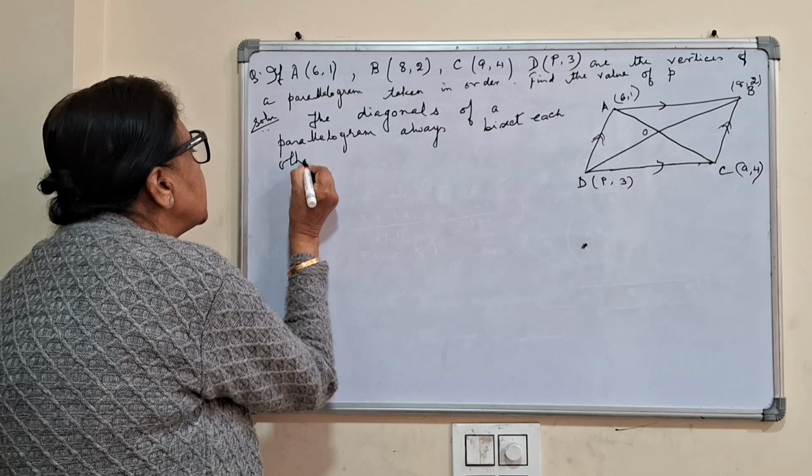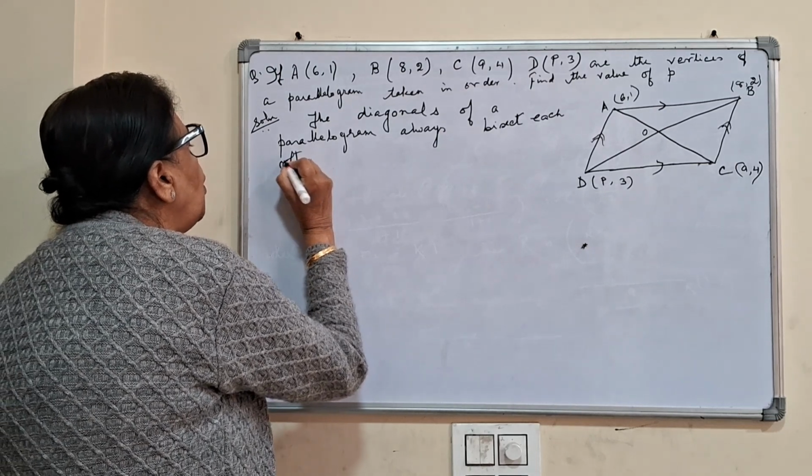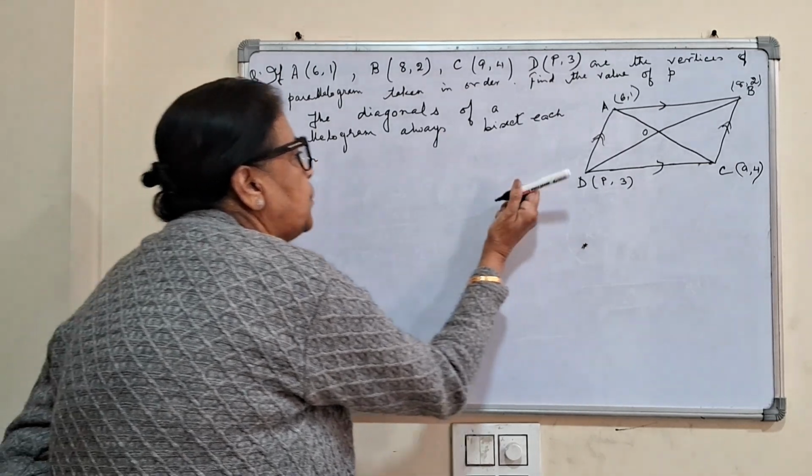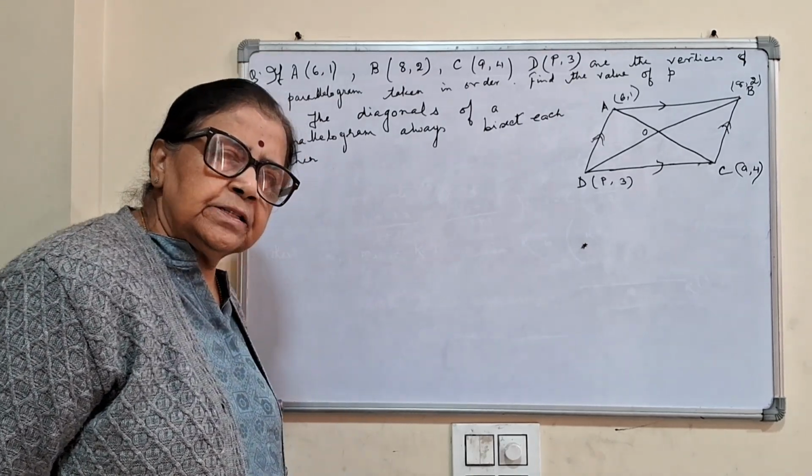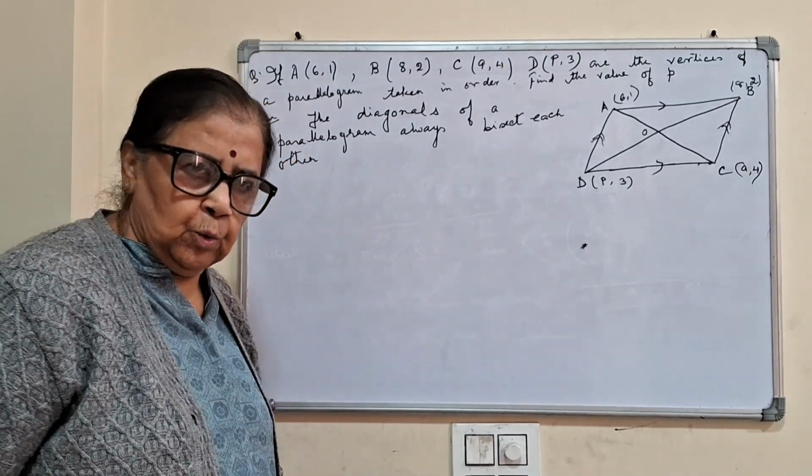Bisect each other means O is the point here, and O is the midpoint of AC, and O is the midpoint of BD also.